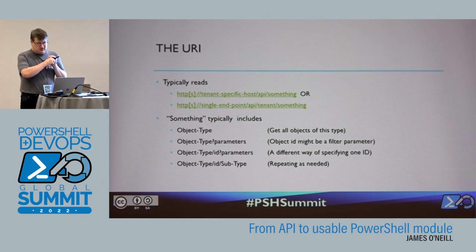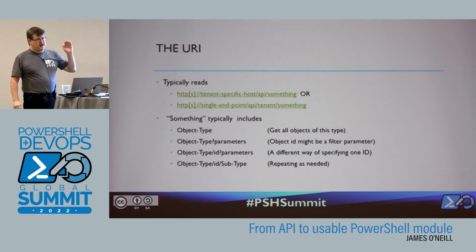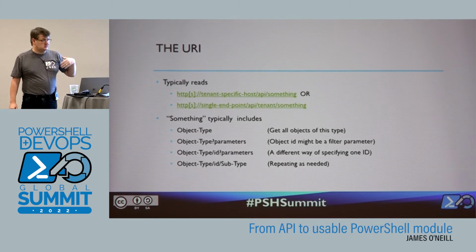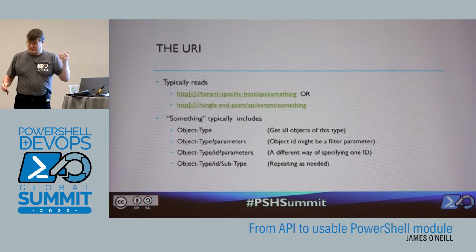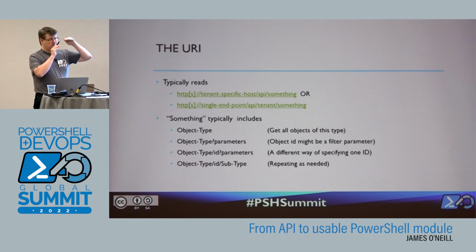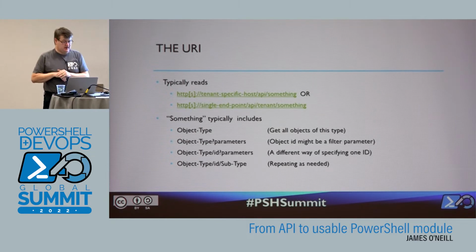In some cases, you find that you request an object ID, and then you say, okay, this object has descendants. So you might say, get me, for example, this Octopus project, then get me the steps in the project and the actions in those steps, and you build up a hierarchy in the URI that way.